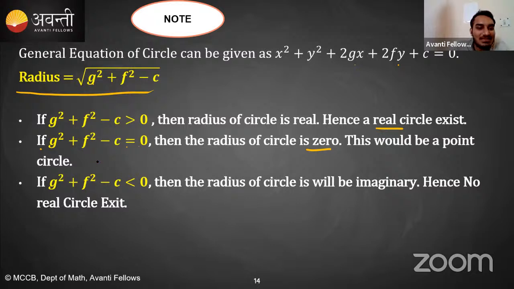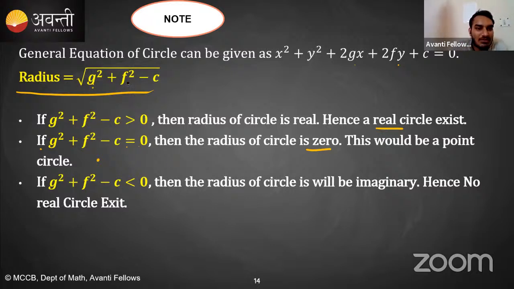What is a point circle? It's nothing but a point. A point is like a circular form, but the radius is very, very small. That's why we say a point circle has radius 0. So the circle is eventually becoming a point.